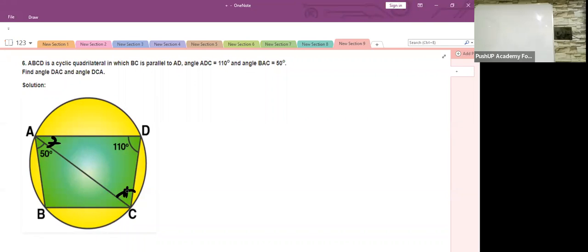The sum of the opposite angles is 180 degrees. And what is the second property that you learn in a cyclic quadrilateral? This is how you have to learn.